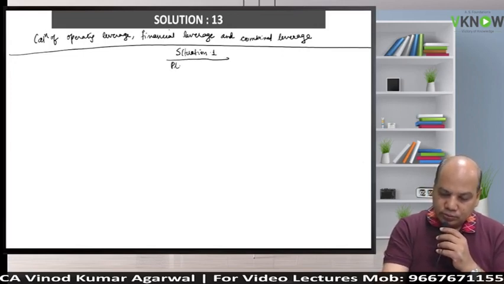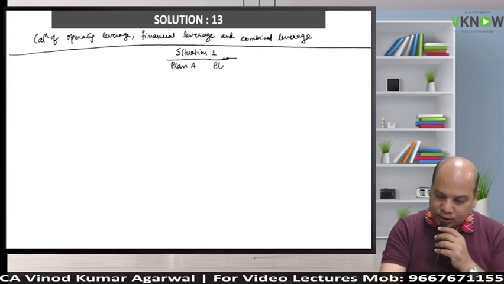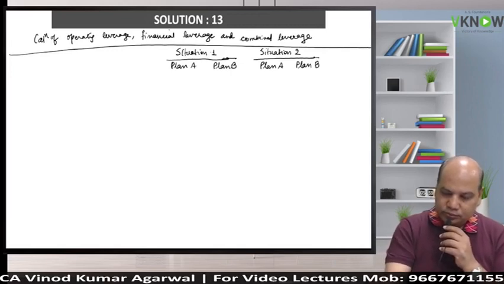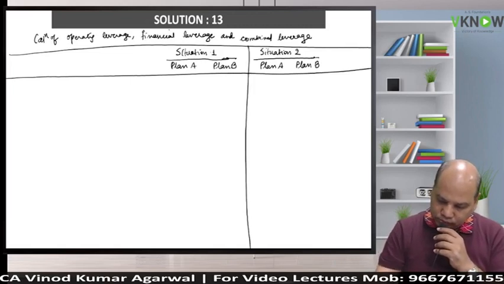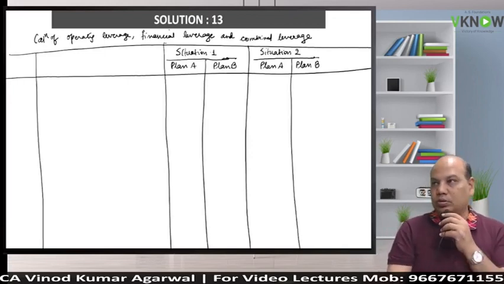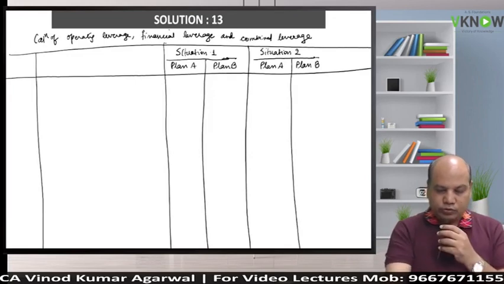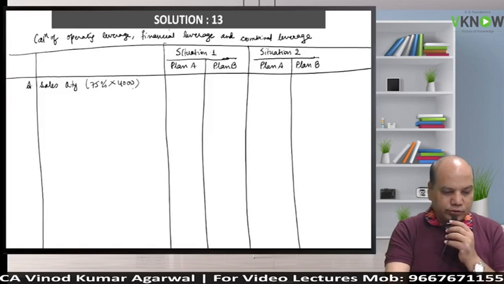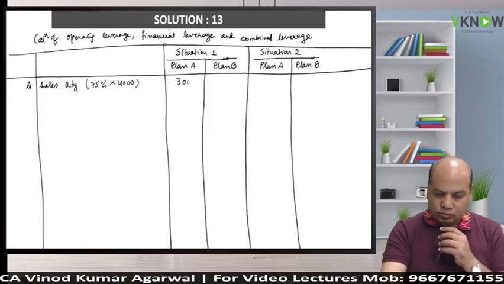Under that write down plan A, plan B. Then write here situation 2, plan A and plan B. So first, point A, write down sales quantity, which will be 75% of 4000. So 3000 in each column.